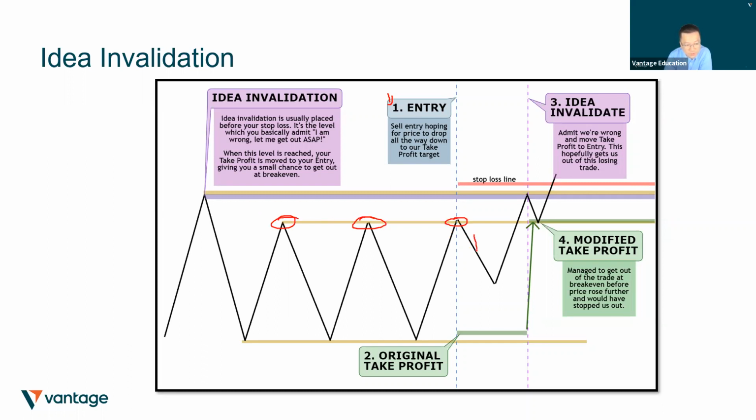As price turns down, you got your take profit towards the downside there just before that near-term support level. And the next thing you see is it bounces back up, breaks above your near-term resistance level, and comes very close to your stop loss as being protected by that next resistance level.